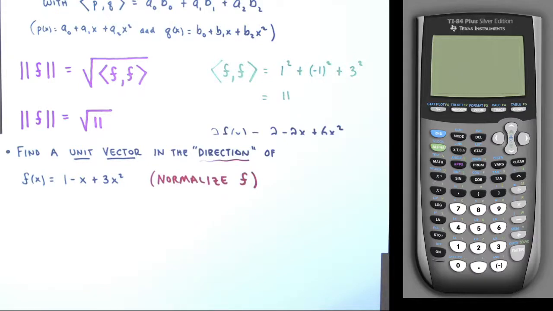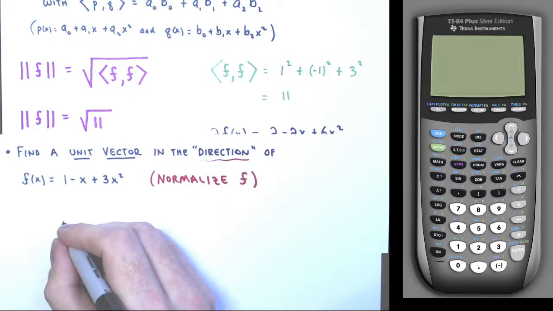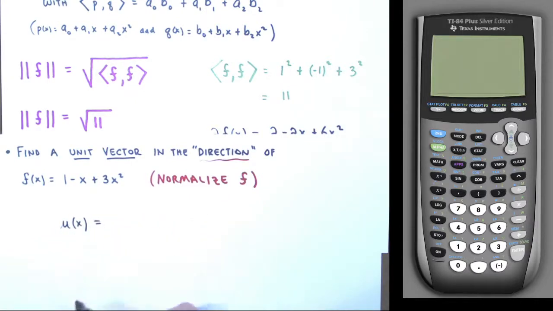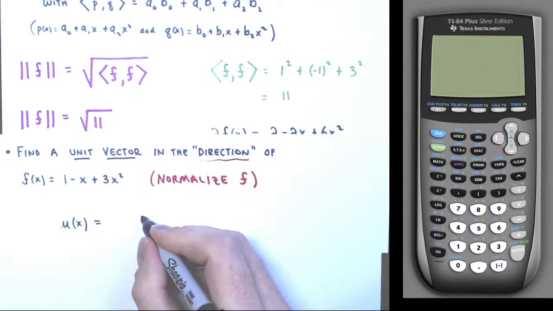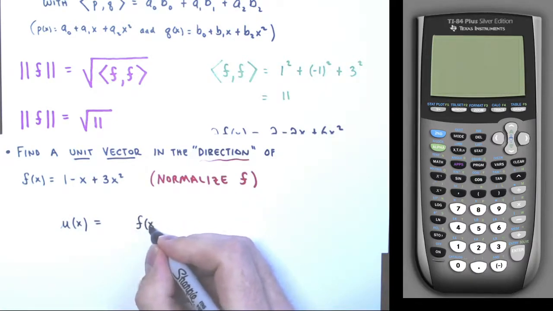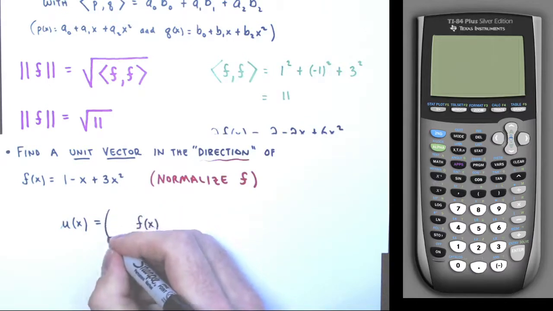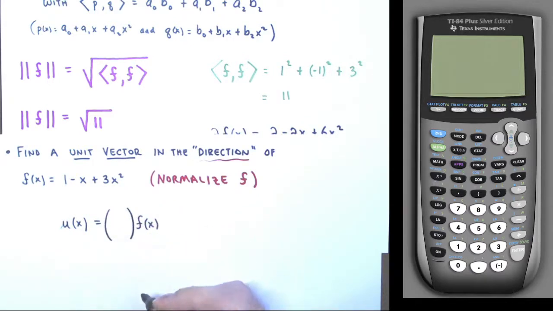Well, remember, I'll call this u, say u of x. Remember, I wrote this up earlier. To normalize a vector, you take that vector and multiply it by a positive scalar.